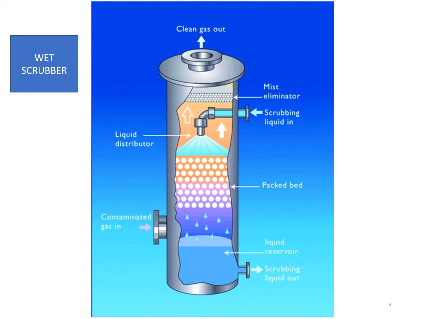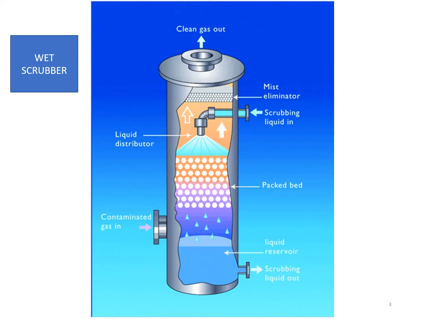A packed bed made of certain packing material is filled in this tower. So this will increase the absorption of contaminated gas when it comes in contact with the scrubbing liquid. Whatever scrubbing liquid is added here is passed through the liquid distributor before it reaches the packed bed.